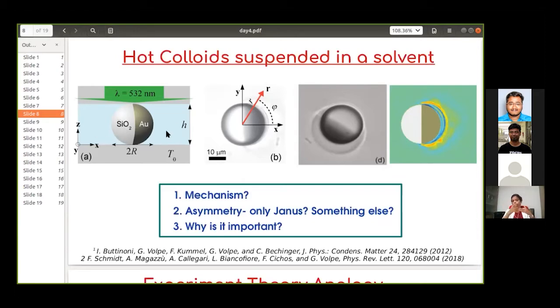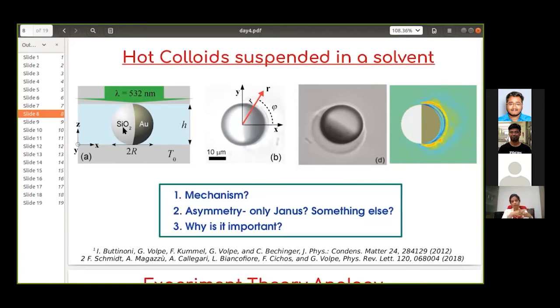It has to do with the wavelength, so you have to match it in such a way that the cap absorbs the light. So what happens then? The cap will absorb the light and get heated up, and this heat will then propagate from the cap into the solvent as well as into the left part of the colloid. That's just because of pure heat conduction.